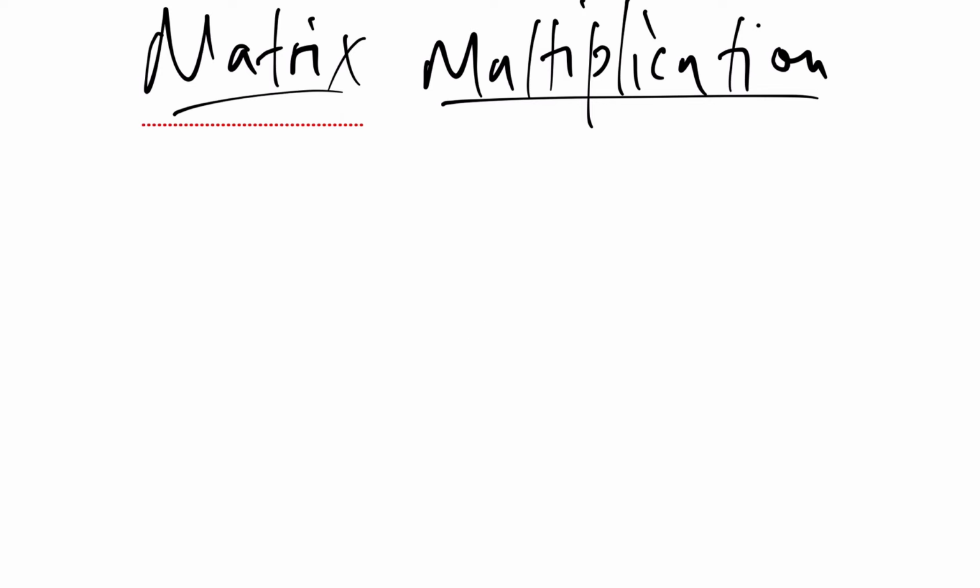another point to note is that I did a video on how to determine whether matrix multiplication is possible or not. I recommend anyone watching this video to go back and watch that video again.